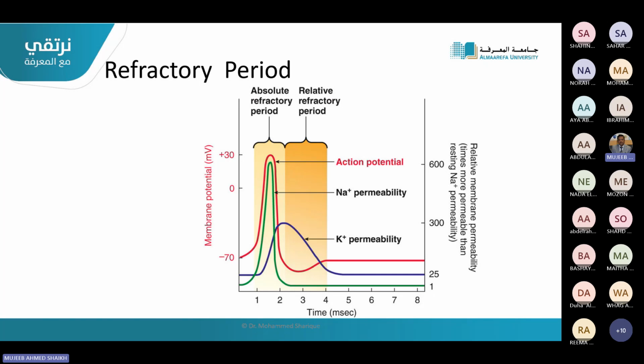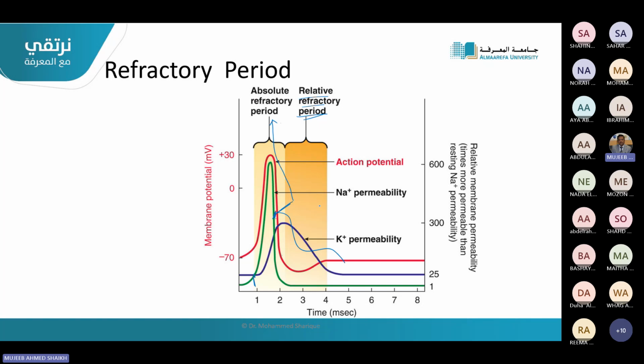If you see this graph, it shows that from the point of starting of the first response till the end, or till the middle of the repolarization phase, up till here is the absolute refractory period. After this period, if you have a stronger stimulus, you can have the relative refractory period.